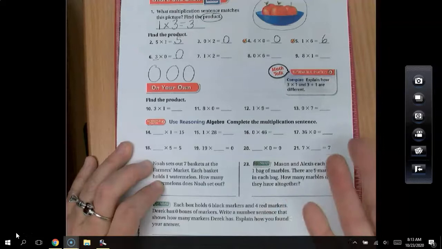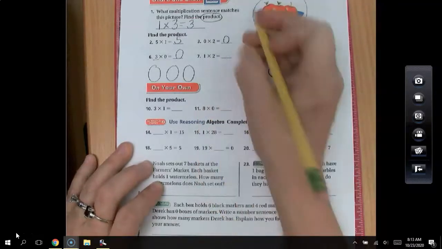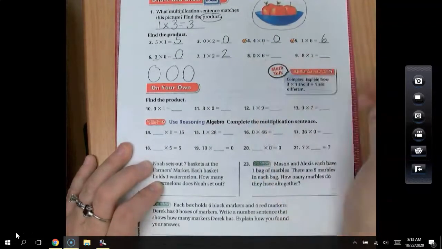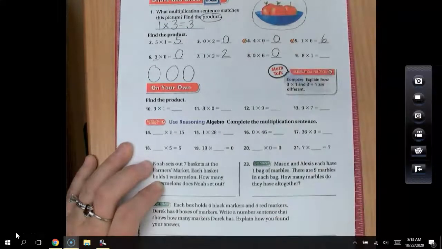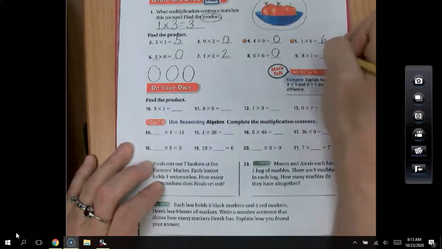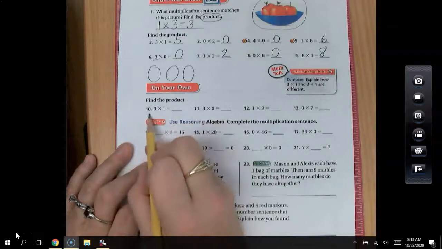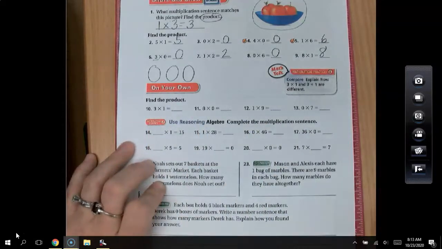I have nothing. 1 times 2 is 2. 0 times 6 is, you are getting good at this, 0. And 8 times 1 is 8. Good job. I want you to do 10, 11, 12, and 13 right now on your own.